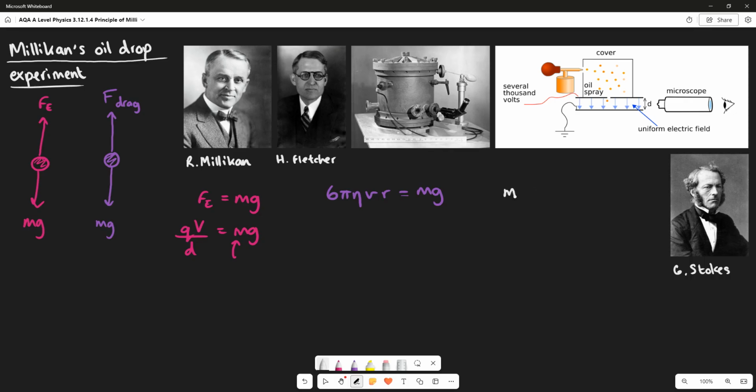We know that the mass of any object is equal to its density multiplied by its volume. The oil drops are spherical, so the volume of a sphere is 4/3 pi r cubed. What we can do now is substitute for mass this expression.